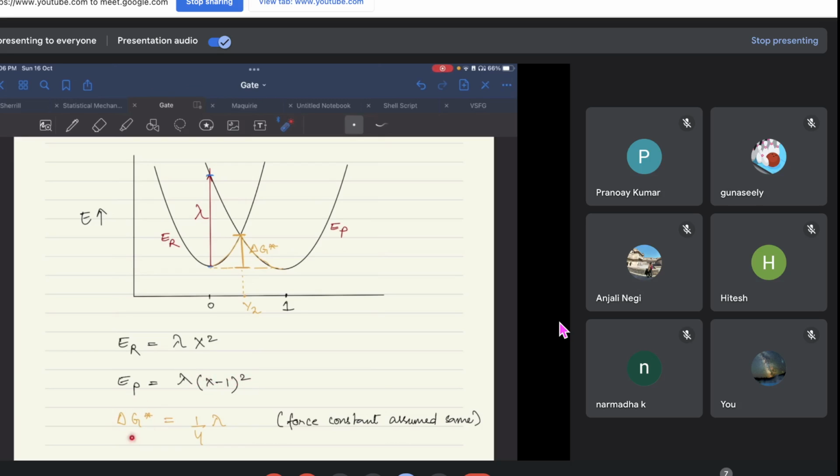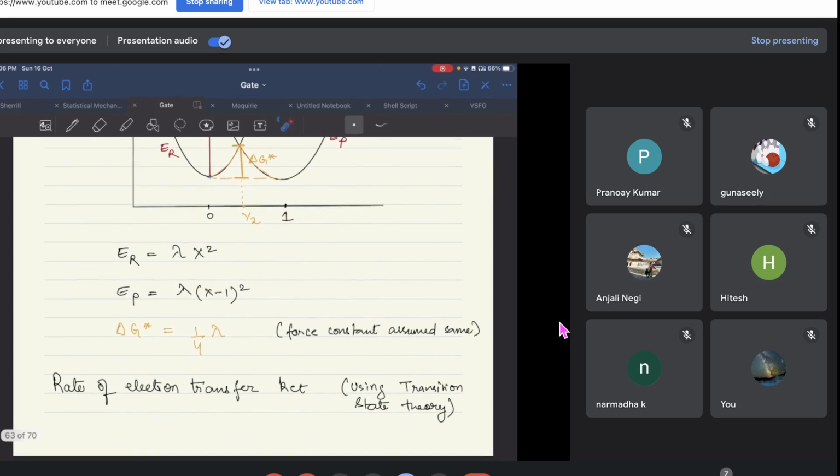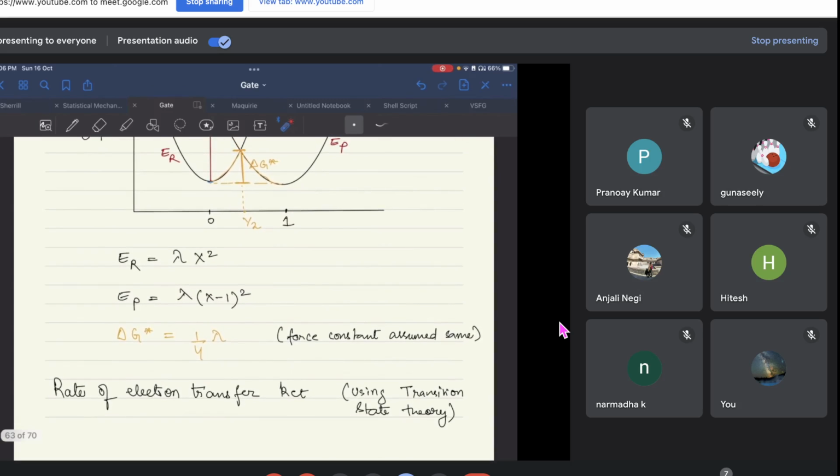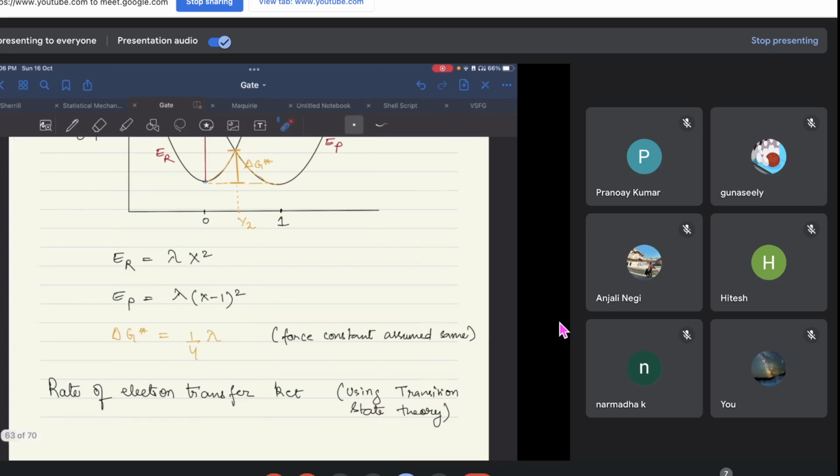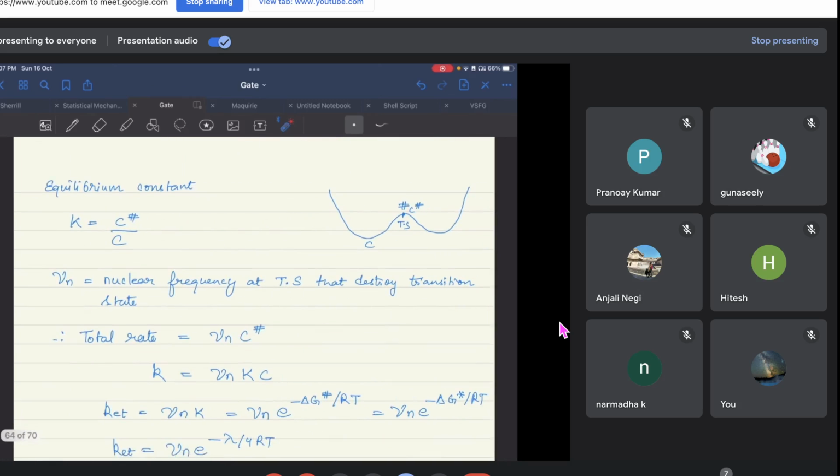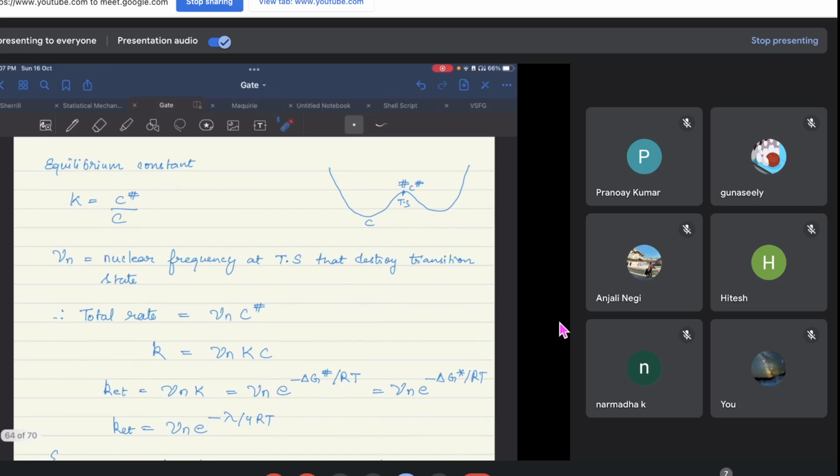Again, you can write the delta G star, that is the thermal barrier for the electron transfer, as lambda by 4. So the rate of electron transfer, that is the K_ET, is what we need to find out, using the transition state theory. These are some extras you can go through, but I will just quickly complete it.